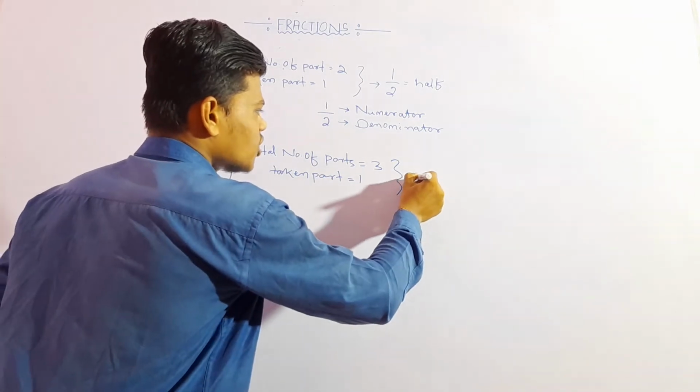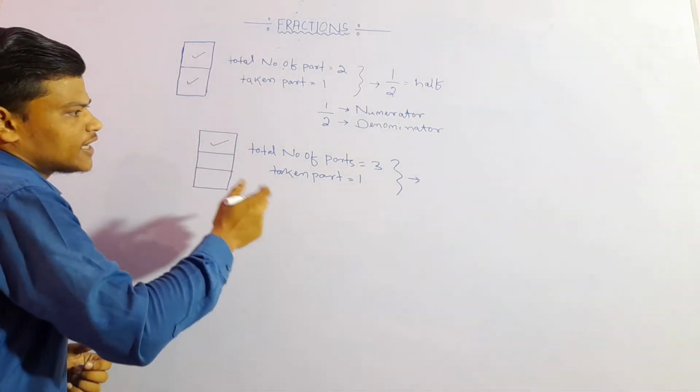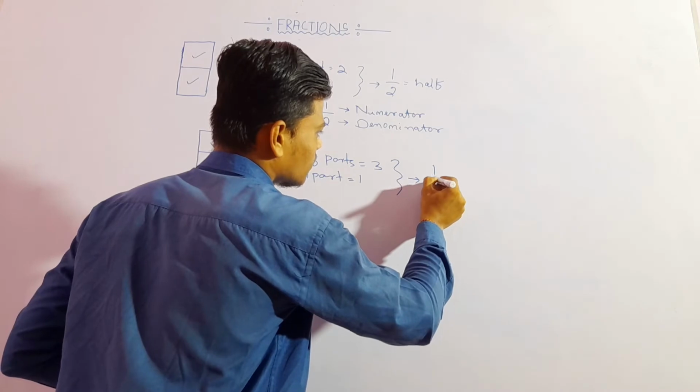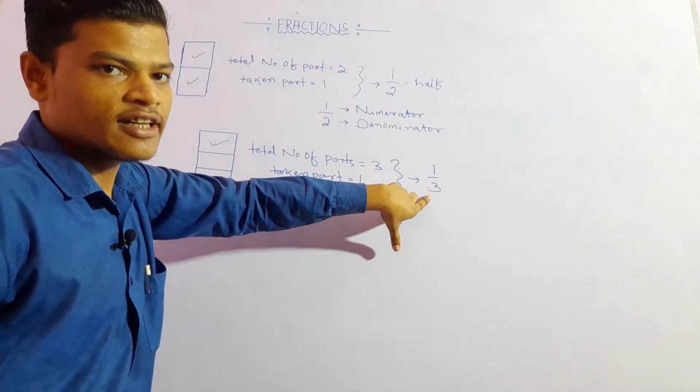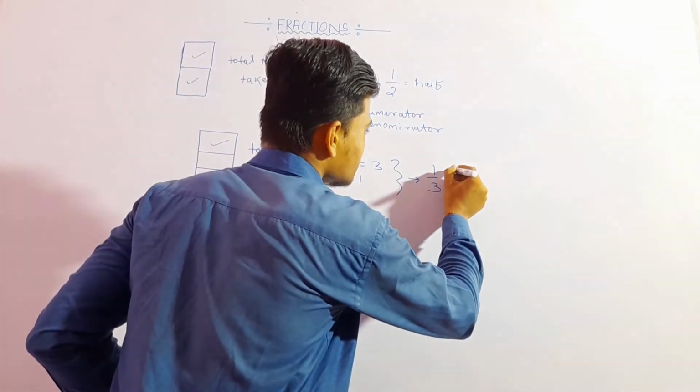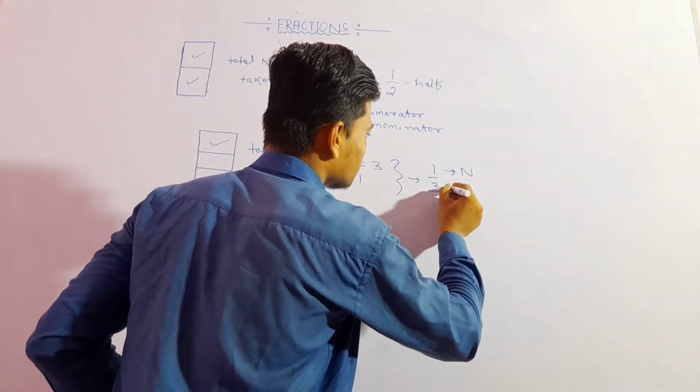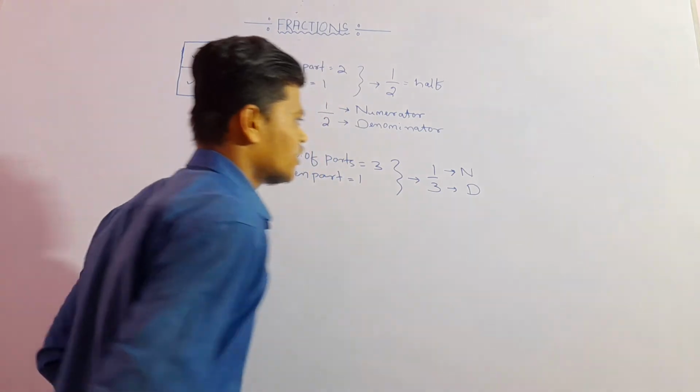So each part can be expressed as 1 by 3, where the numerator is 1 and the denominator is 3.